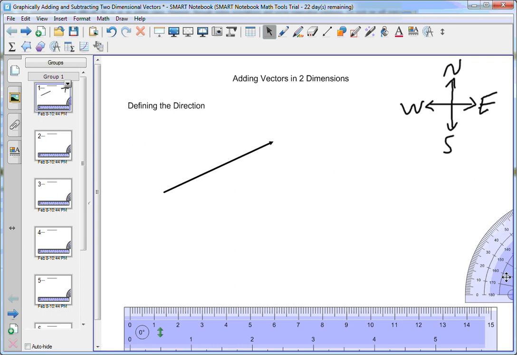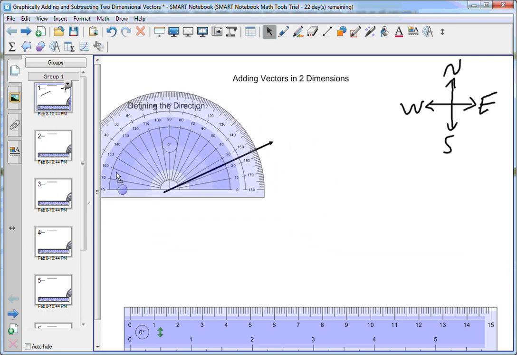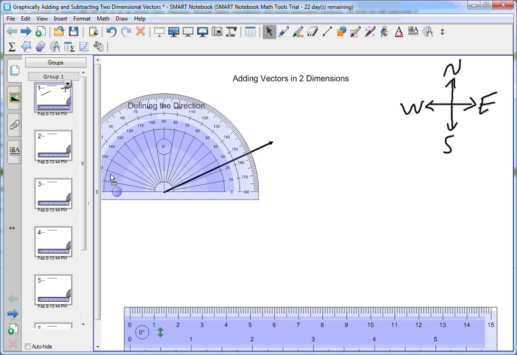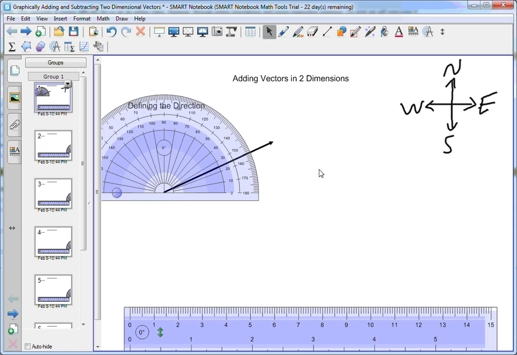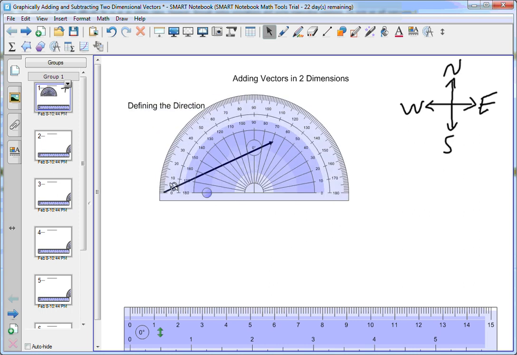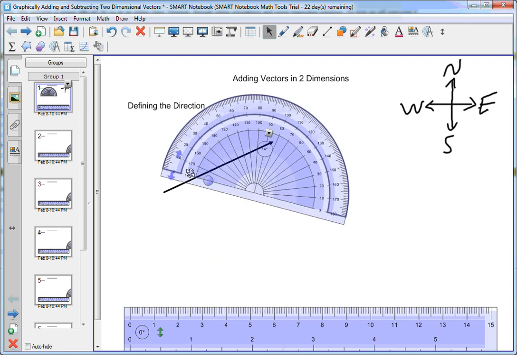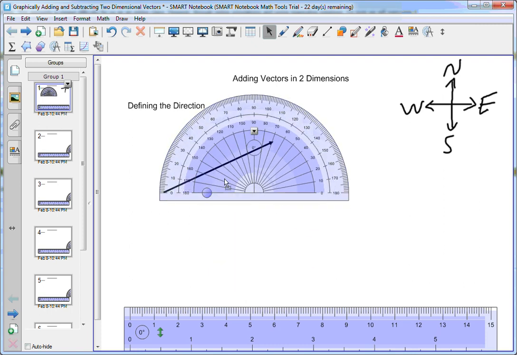Well, we need to take a protractor that is parallel with the edge of the page, so you have to line it up parallel with this line or the edge of the page. In other words, you don't want it to be rotated slightly at all. You want it exactly level with the page.